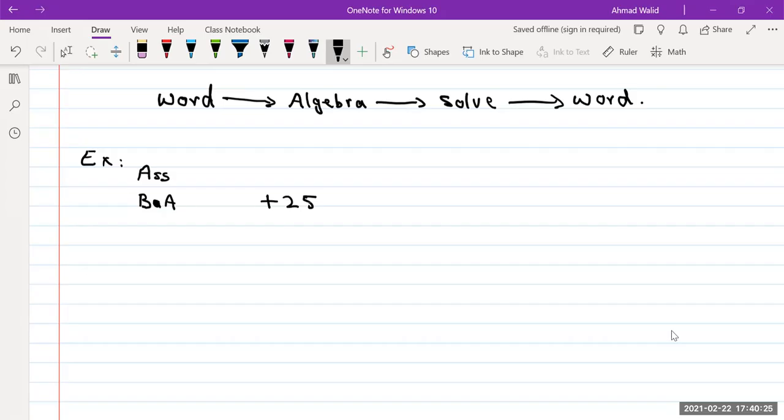Do they mention that in the first part of the problem, any salary for associate degree? No. When something is unknown for us in algebra, we usually choose a variable for it, correct? If I name the salary of a person who has an associate degree x, then a person who has a bachelor's degree, his salary will be x plus 25, because it's $25,000 more than his salary, correct?